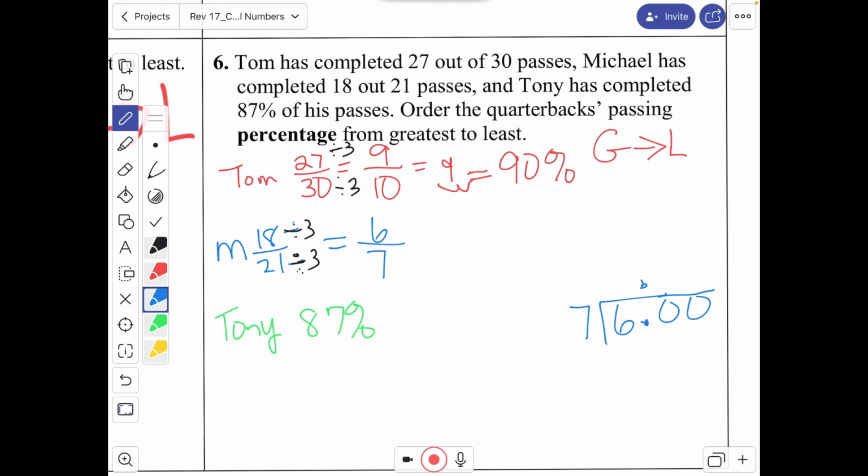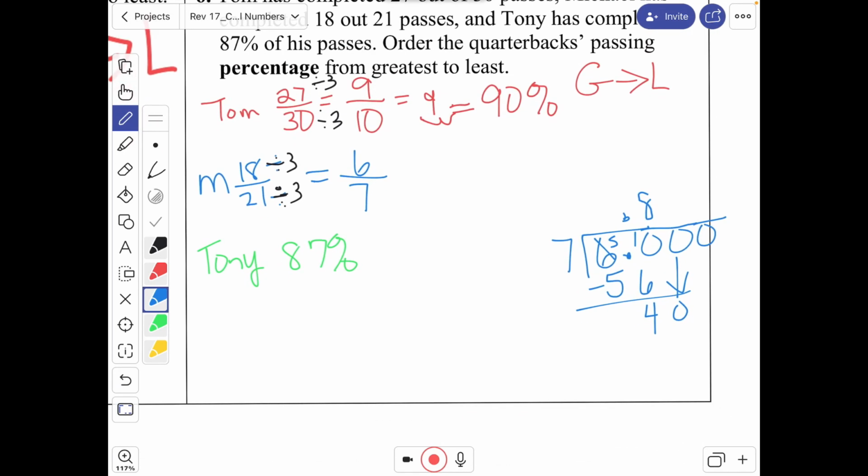How many times does 7 go into 60? 8 times, because 8 times 7 is 56. Then we subtract and get 4. And how many times does 7 go into 40? 5 times. 5 times 7 is 35. And you subtract and get 5.